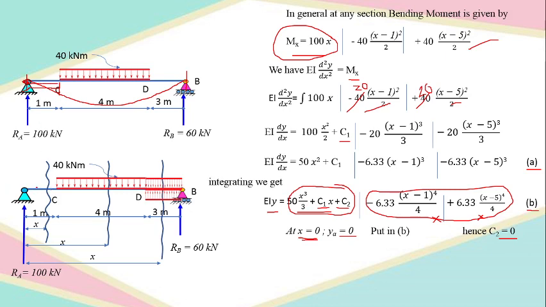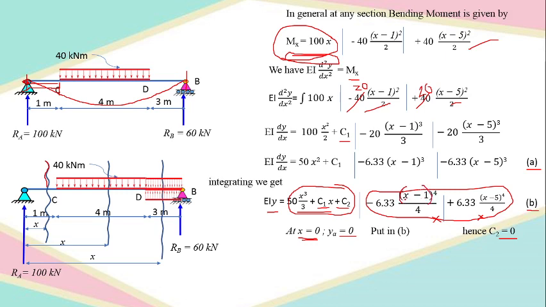AC span. Now if it is only span AC, that section will be this particular section. About this section, the bending moment is only this much. So after doing the double integration, it comes out to be here. So only the first term I am going to take, and while working out the problem, if something comes out negative inside a bracket, that is to be neglected.